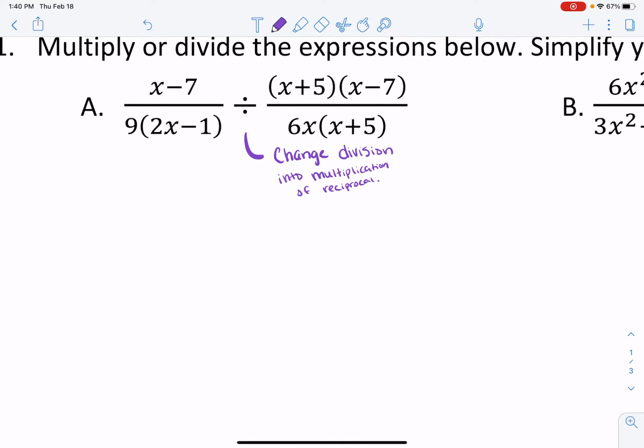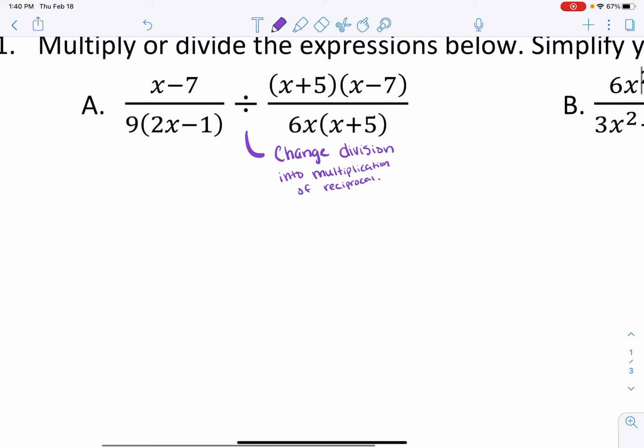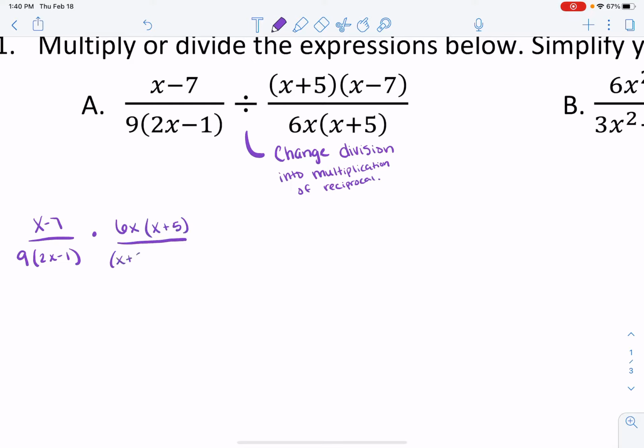We'll still have (x minus 7) over 9 times (2x minus 1), then we change it to multiplication and flip the second fraction, so that becomes 6x times (x plus 5) over (x plus 5) times (x minus 7). I'm sorry, x minus 7.